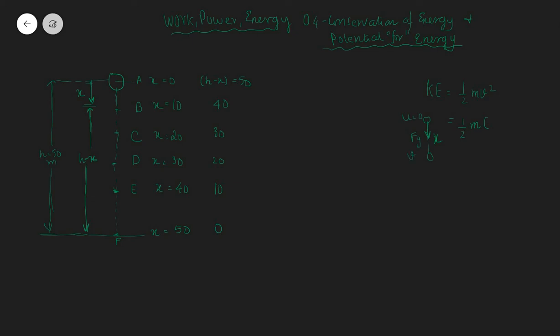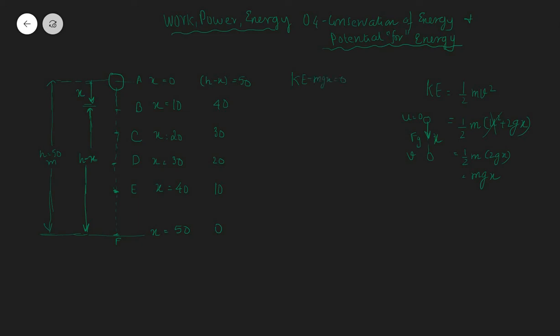Velocity squared, v squared, is u squared plus 2gx. Since u is 0, the kinetic energy is half m into 2gx, which equals mgx.